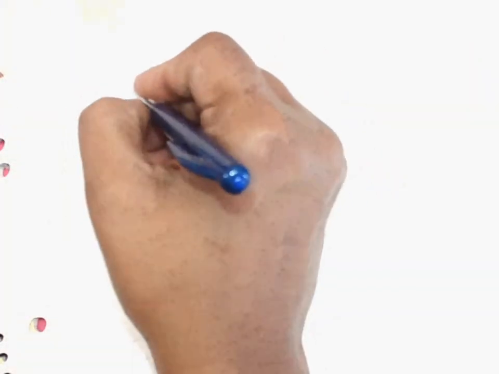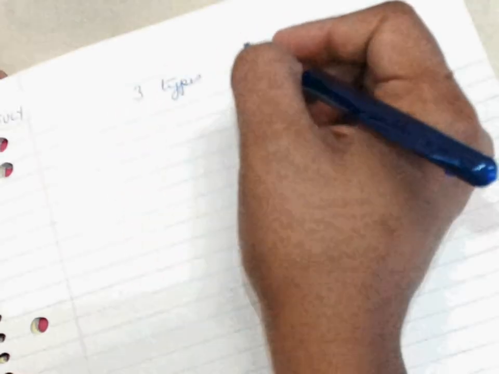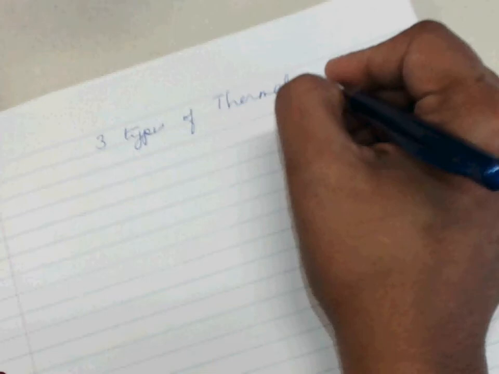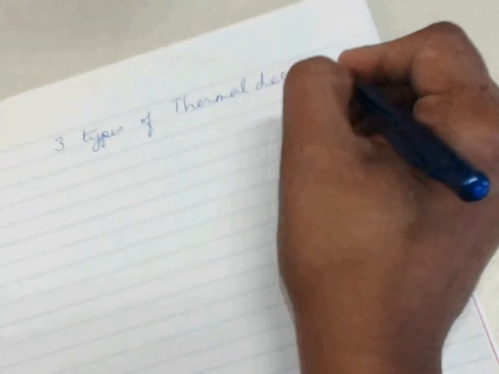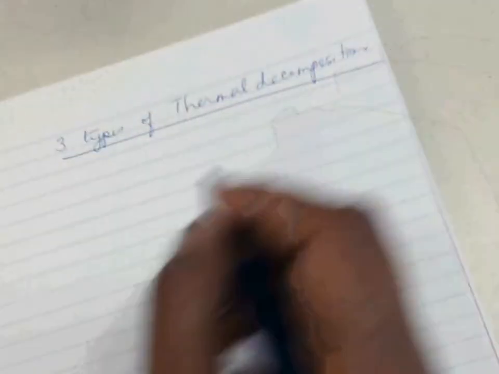All right, and so what I want to actually do in this part of the lesson is look at 3 types of thermal decomposition. Okay, 3 types of thermal decomposition.